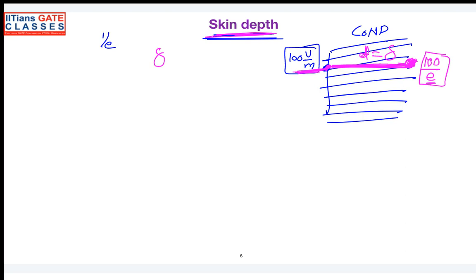So the ultimate definition was, what do you mean by skin depth? Inside a conductor, in a conducting medium, if the signal travels for 1 times skin depth, 1 times delta, the electric field becomes 1 by E times of the initial field.